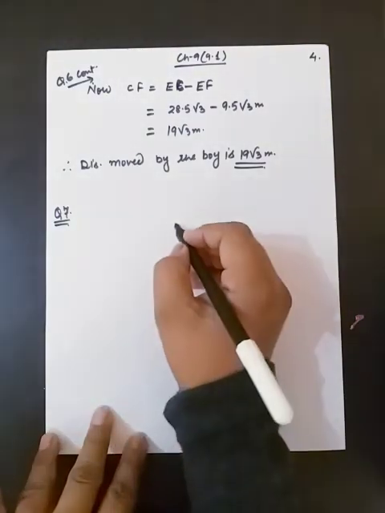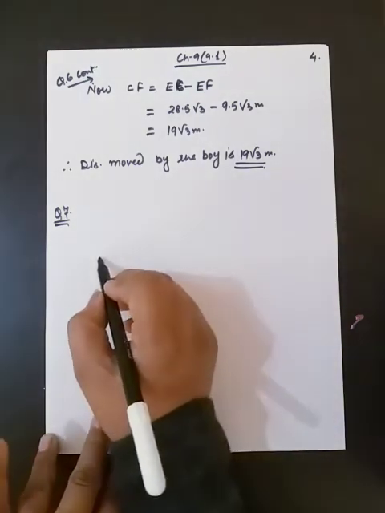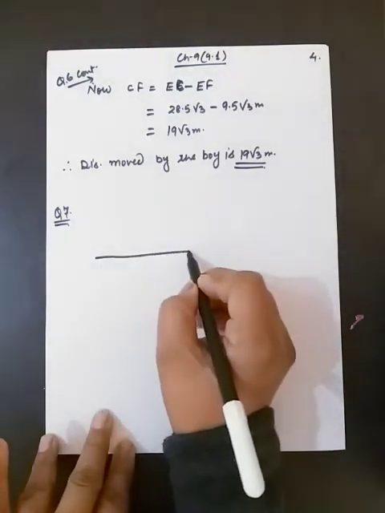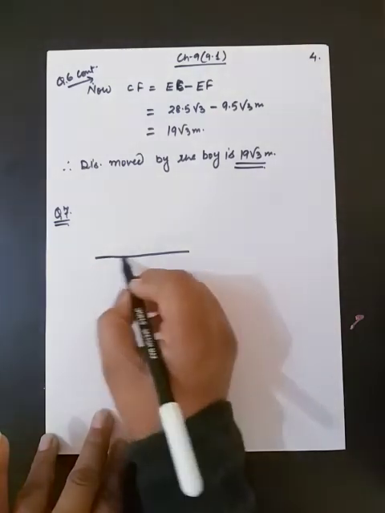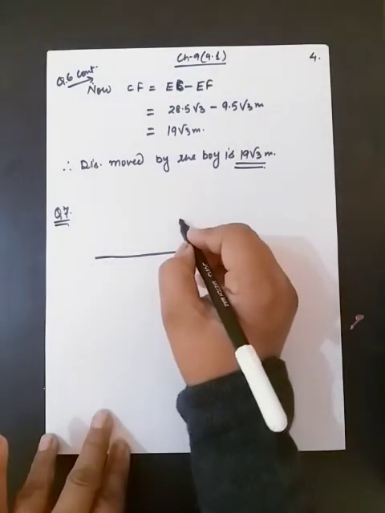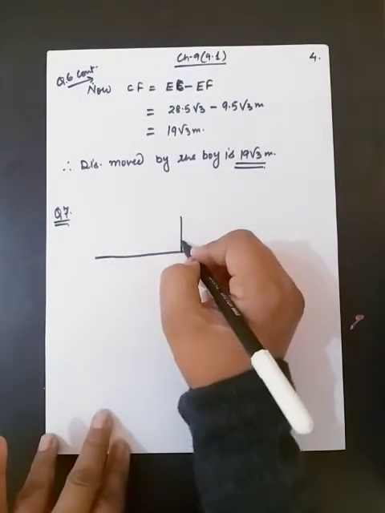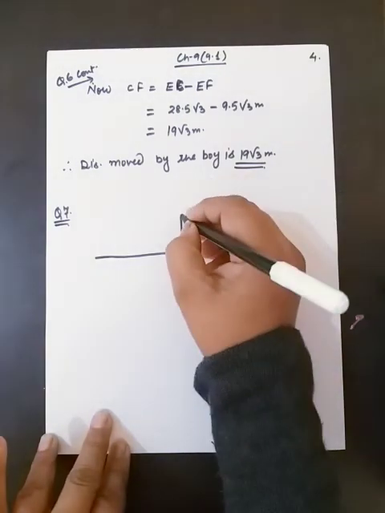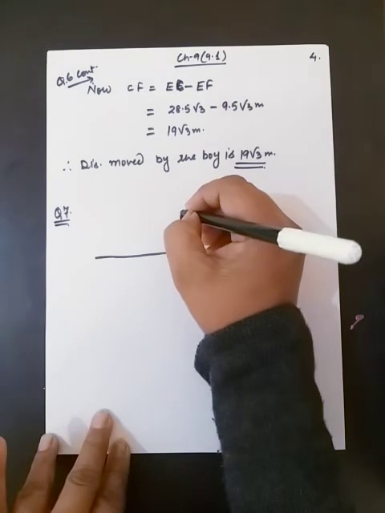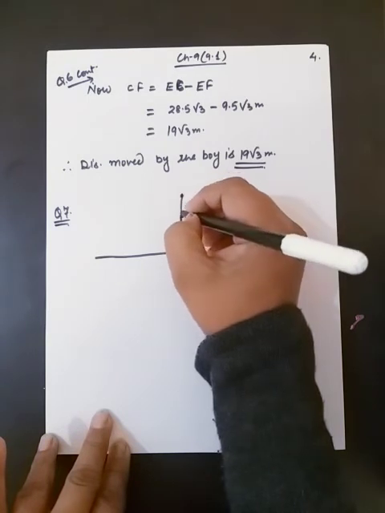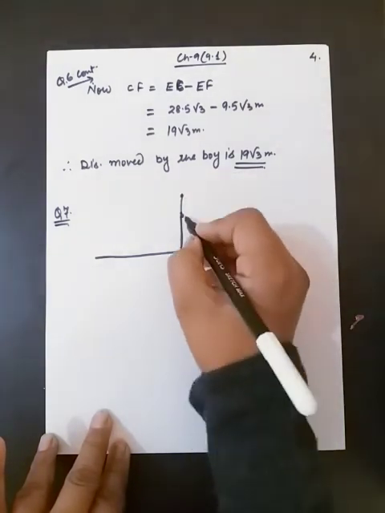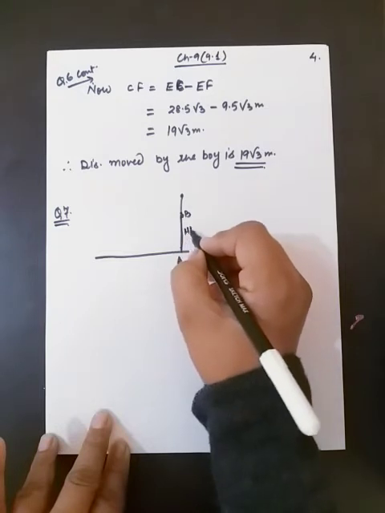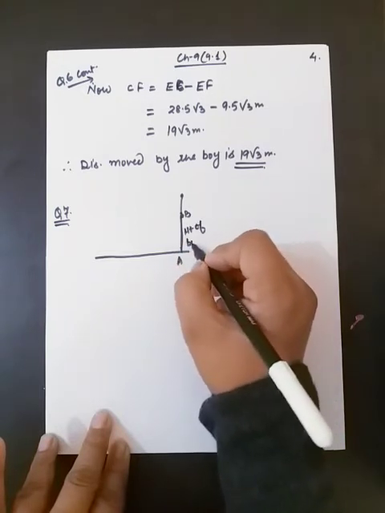So first of all we have to draw the figure. So this is the ground and this is the height of building, and now a transmission tower is fixed here.